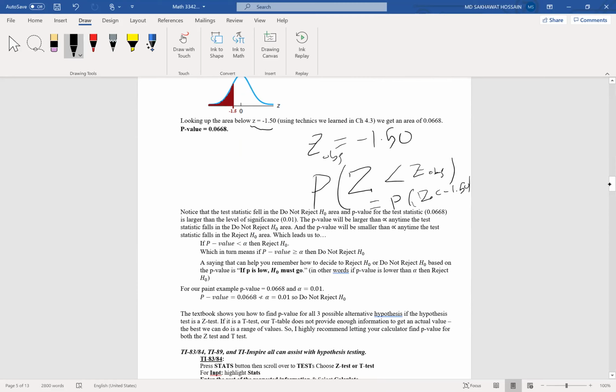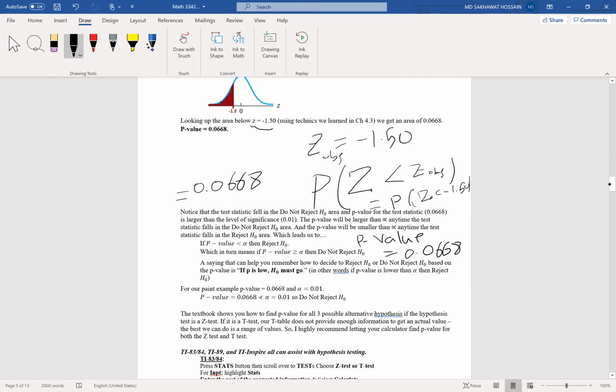If you calculate this probability using a calculator or the z table, you will find the probability is 0.0668. So this is the p-value for this hypothesis test, which is 0.0668.